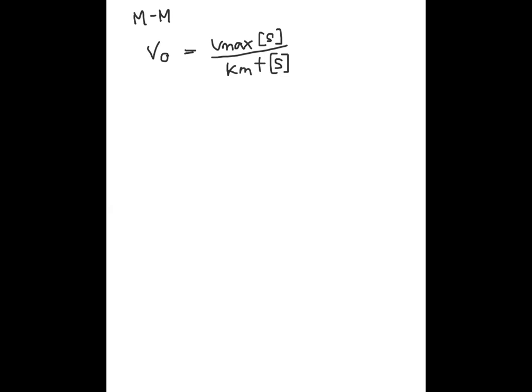You can learn how to apply this equation from the homework problems. Most questions will ask you to calculate the new velocity or the Vmax or the Km. It depends on the information given in the question.